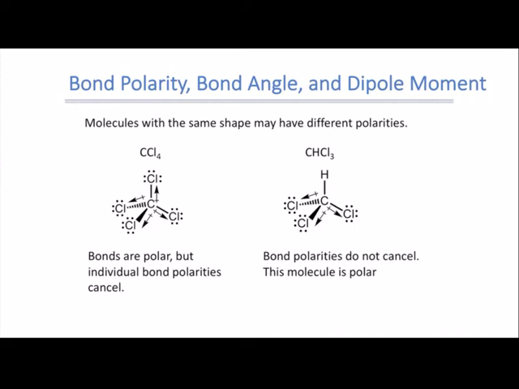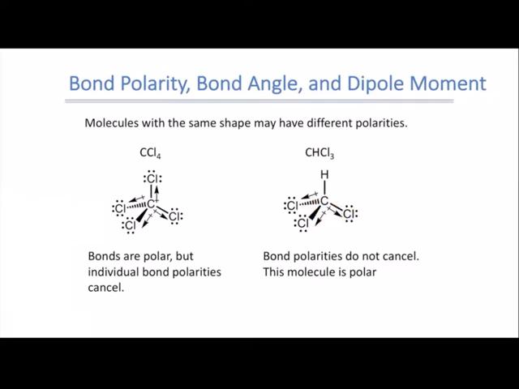If, however, there's a different atom thrown in, like hydrogen here, now it changes the polarity. So now the dipoles for the chlorines are all pointing downward. Between the carbon-chlorine bond, you can see they're all pointing downward. That means this molecule will have an overall polarity.